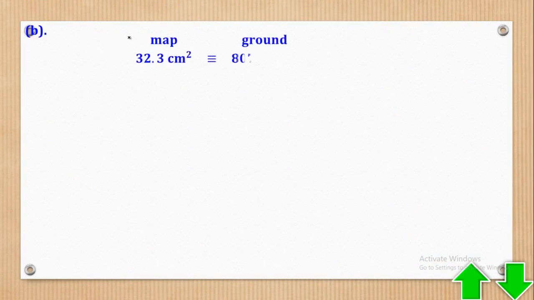On the map we have 32.3 centimeters squared, and on the ground it is 108.5 kilometers squared. So these two are equivalent, so this sign must be maintained. It is equivalent, not equal to.